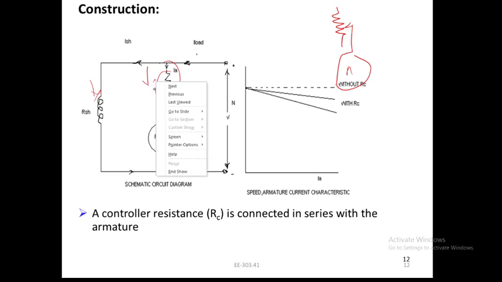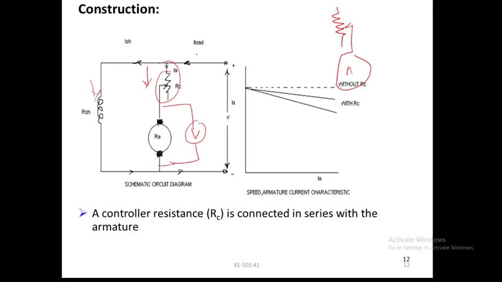The current flowing through the armature will be controlled, and we can also observe the voltage drop. If the current is lower, the voltage drop is higher. So we are reducing the voltage by means of a control resistor in series.